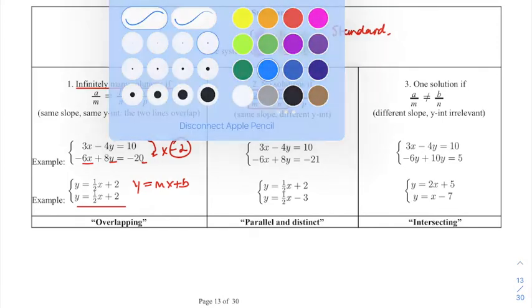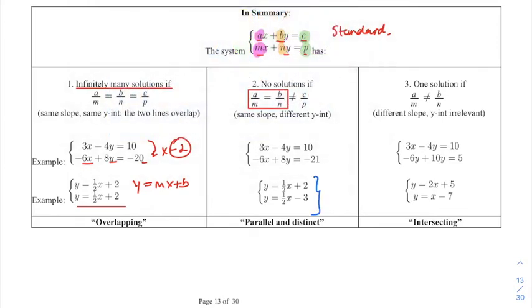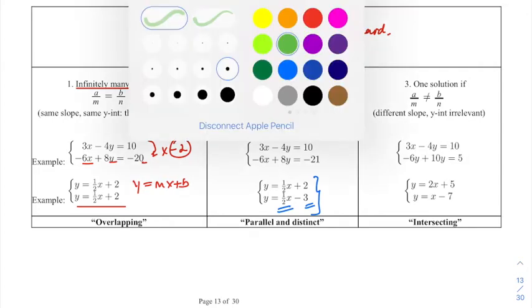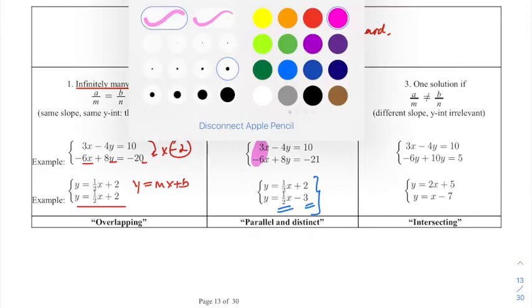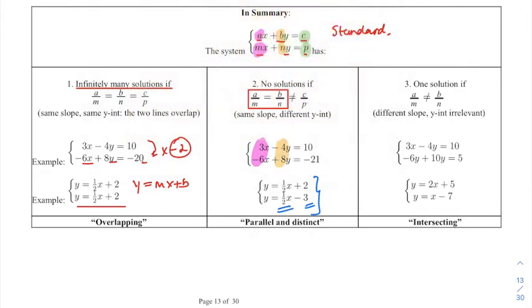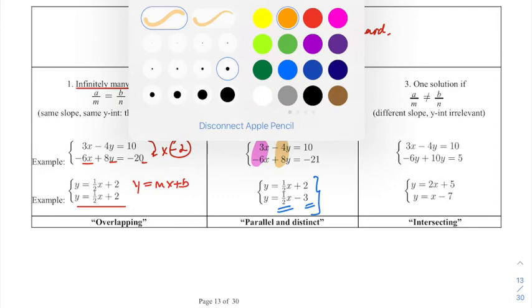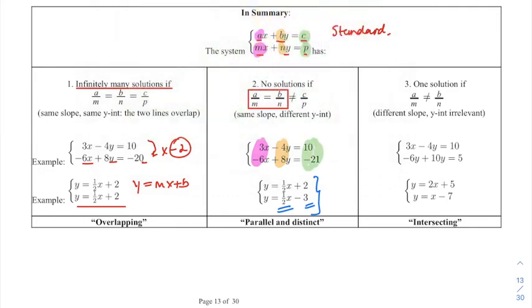But if they're different, that ends up looking like the same slope but a different y-intercept. So I can see in this case, the 3 and the -6 are times 2, the -4 and the 8 are times 2, but this doesn't share that ratio. So I know these are parallel and distinct.